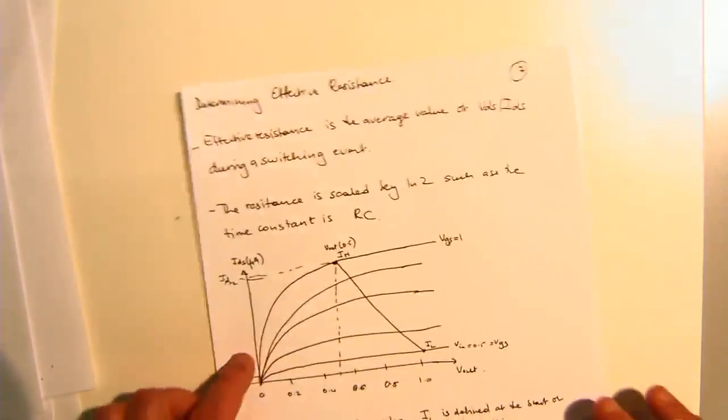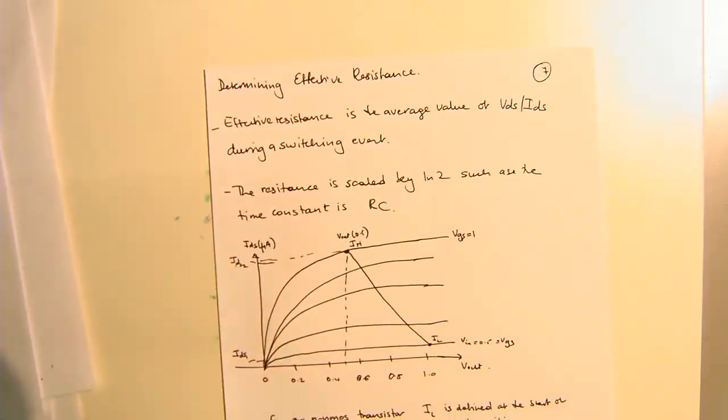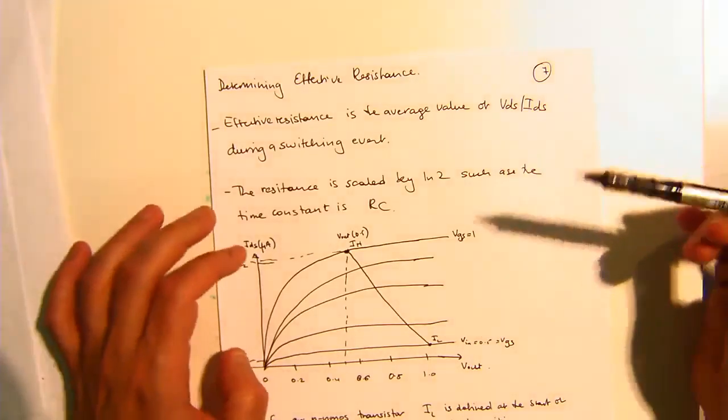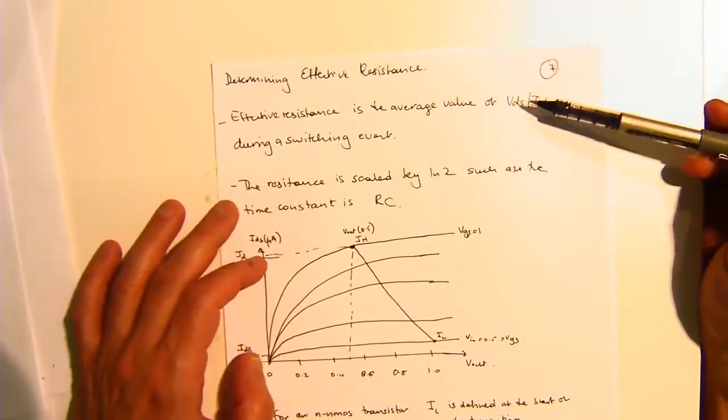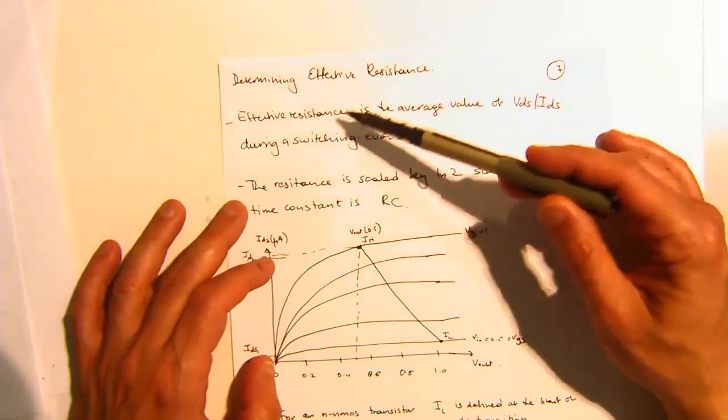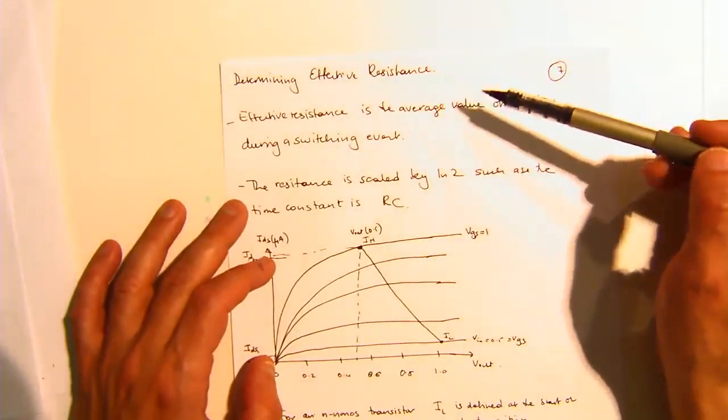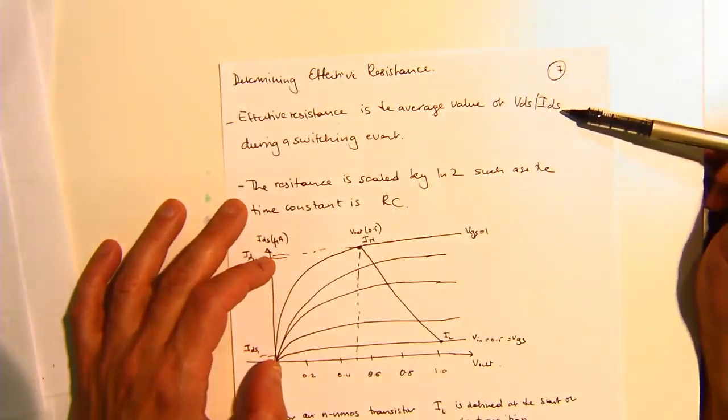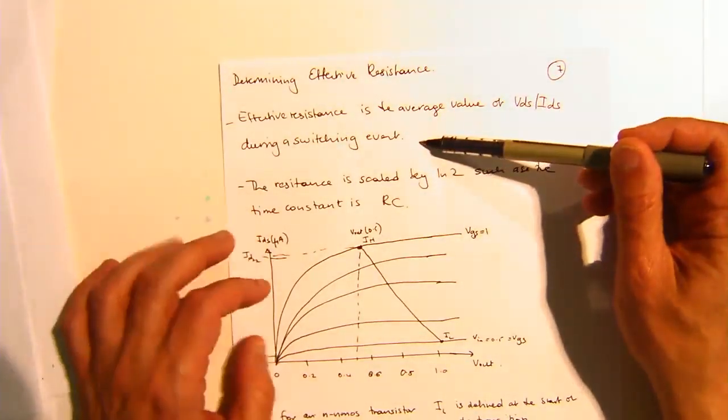Now, one of the things that I wanted to also talk about is, I've been talking about this magical effective resistance, and it's usually given to you, but you might want to work out a way to calculate it, right? One of the simplest ways to calculate it is to look at the effective resistance as being the average value of VDS on the IDS during a switching event, right?